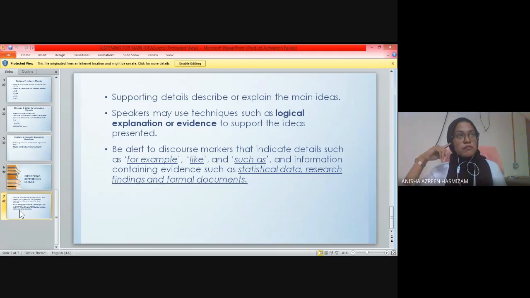Okay, contoh main idea dia adalah firstly, panda is one of the most endangered species in the whole world. Lepas tu dia explain. Tadi tu topic sentence kan. So, main idea dia adalah pandas are endangered. So, whatever that follows, tak ada cakap pasal pandas are animals that live on the trees ke apa benda ke.